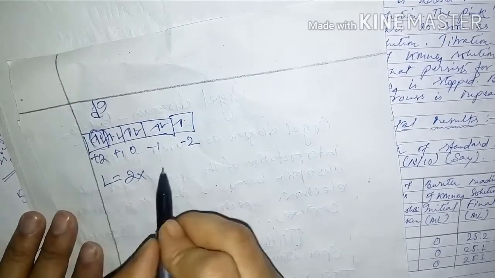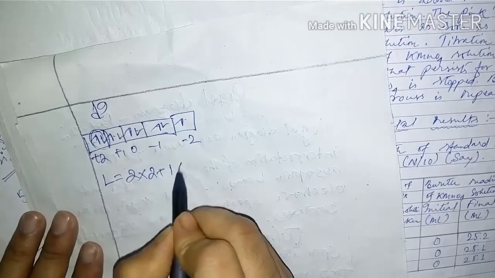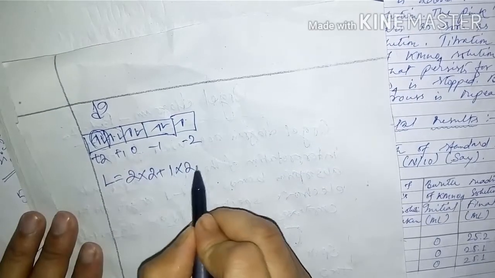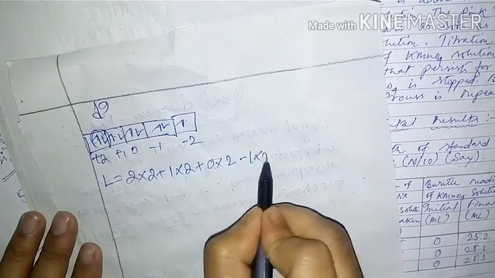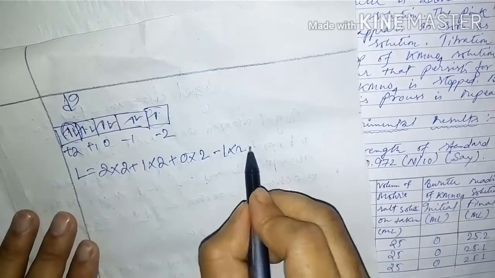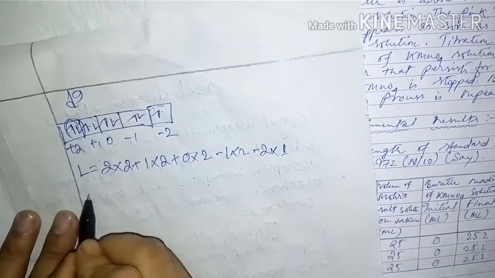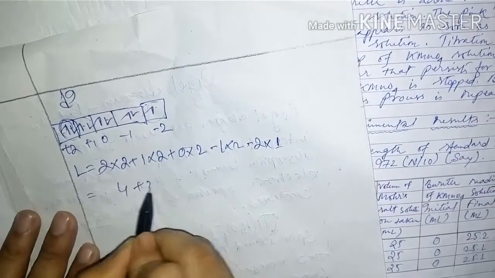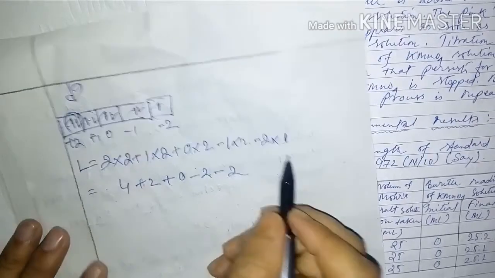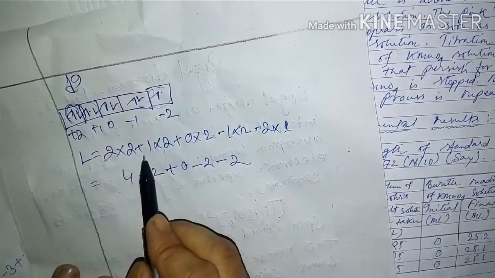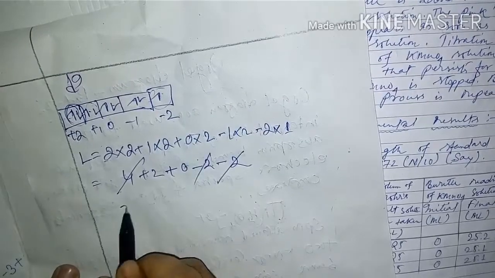There are 2 electrons, then 2 plus 1 into how many electrons? 2 plus 0 into 2, minus 1 into 2, and here minus 2 into 1. Then this is 4, 2, here 0, here 2, here also 2. So this one can cancel, only 2 remains.